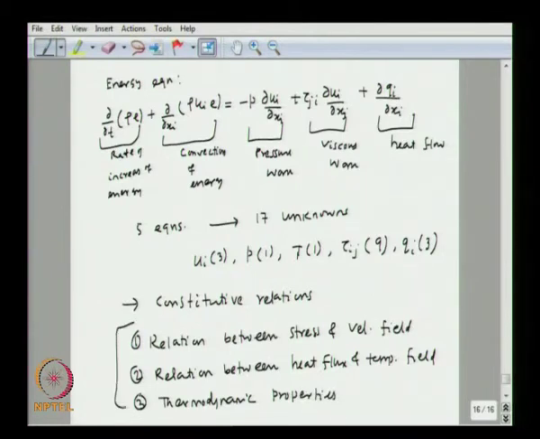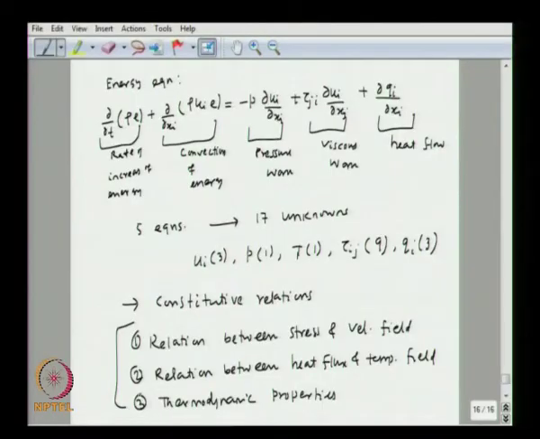This is what we need to solve the 5 equations, the mass, momentum and energy. Now, there are CFD codes available which can solve these equations, and in some special cases where the physics of the problem can be simplified and these equations can be simplified to a form which can be solved analytically, we can obtain the solutions also.